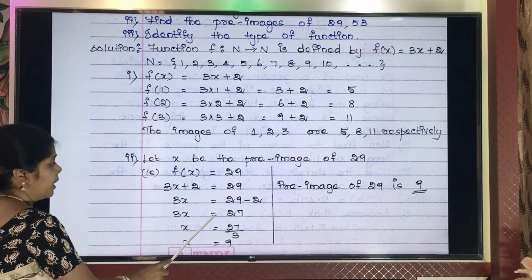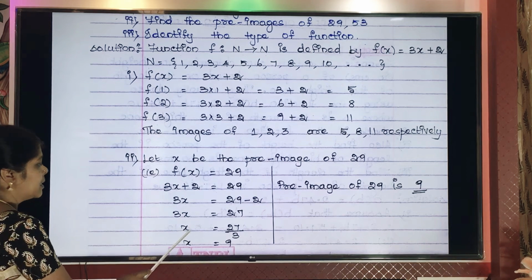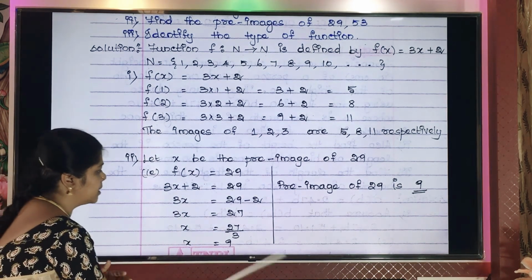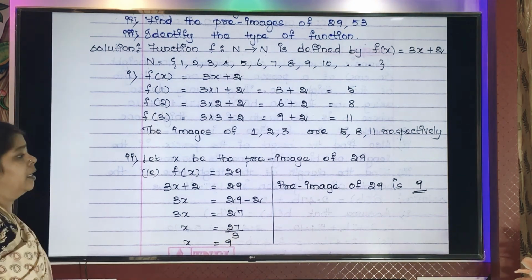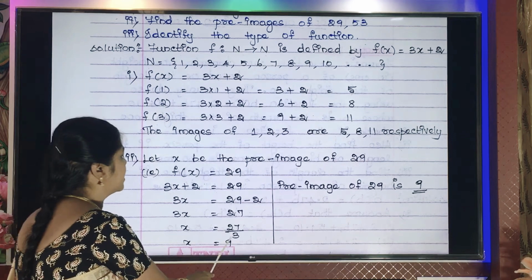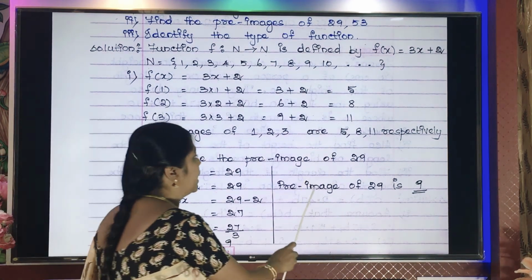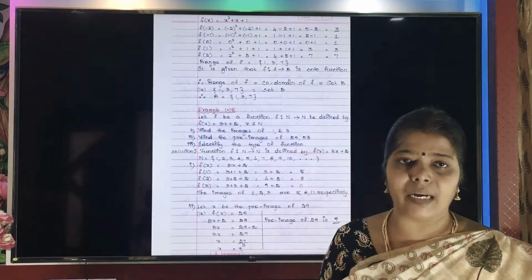So 3x equal to 29 minus 2 gives you 27. X is equal to 27. Take this 3 to the other side, it becomes divided by 3. So 27 divided by 3, the value for x is 9. From this we understand that the pre-image of 29 is 9. Hope you all have understood.